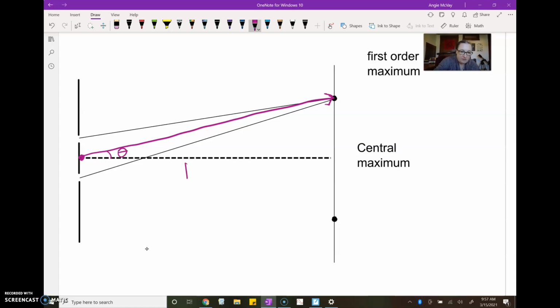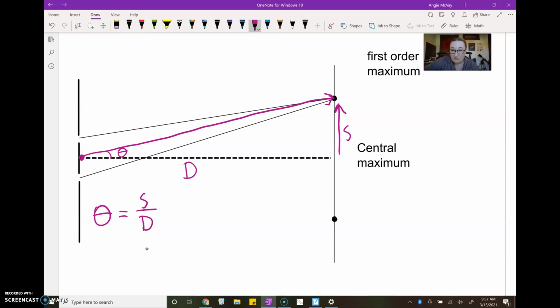Okay, distance d, this is s, right? And so we could say, first off, theta equals opposite over adjacent, s over d.